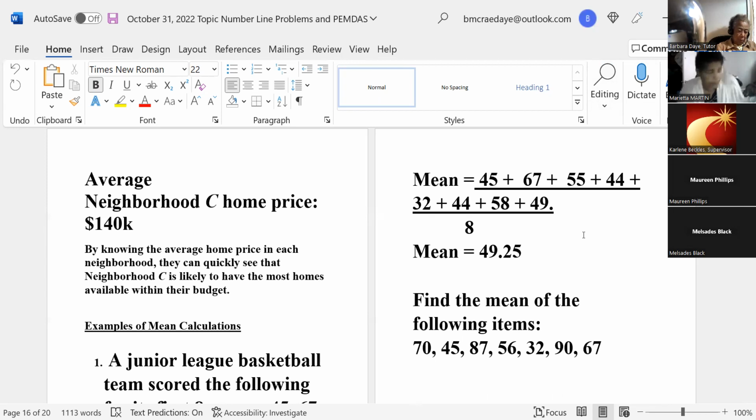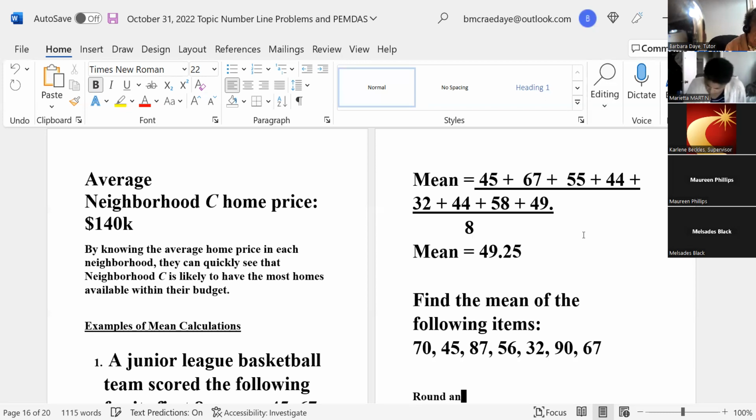6, 32, 90, 7. Now round it off to the nearest hundredth.